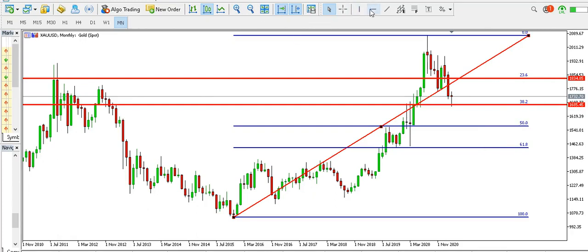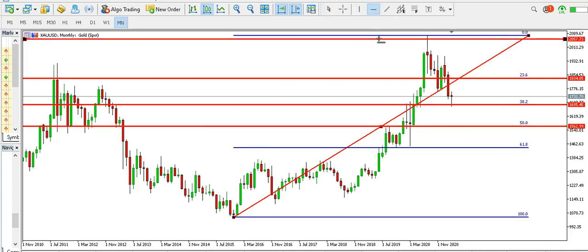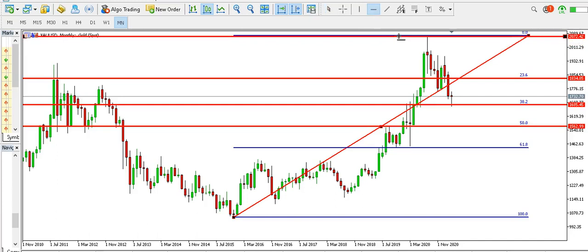Okay, I may add another mark for the 50% Fibonacci level. Then I can possibly add another mark for the 0% Fibonacci level. So all the horizontal lines for the monthly chart are colored red.